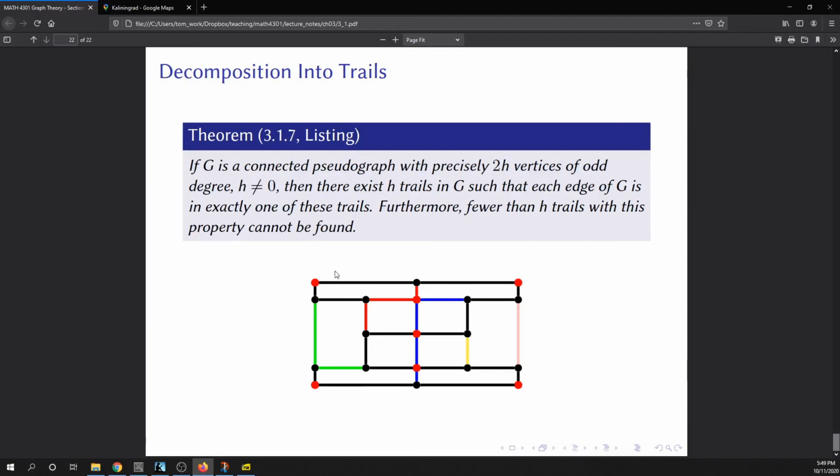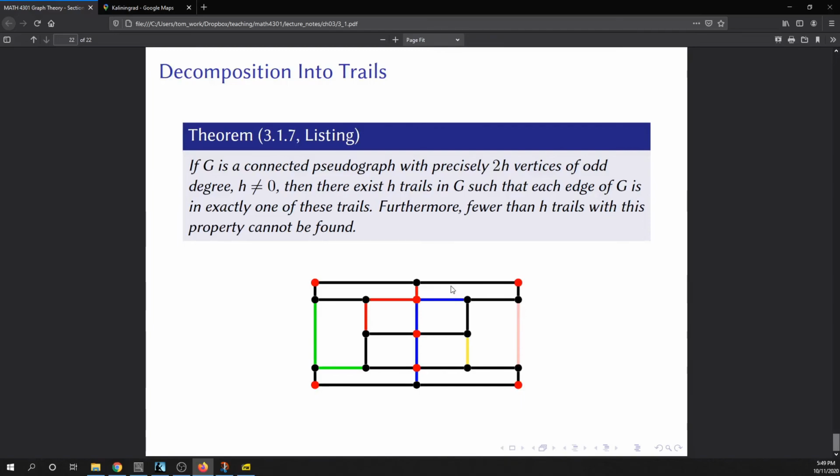All right, so you can see the example. They talk about this example in our book, but they didn't really draw it out, so I took the time to draw it out so that you can see. This is the tennis court graph, because it looks like the lines on a tennis court, how they're painted, if you look from overhead. It consists of all of these edges and vertices.